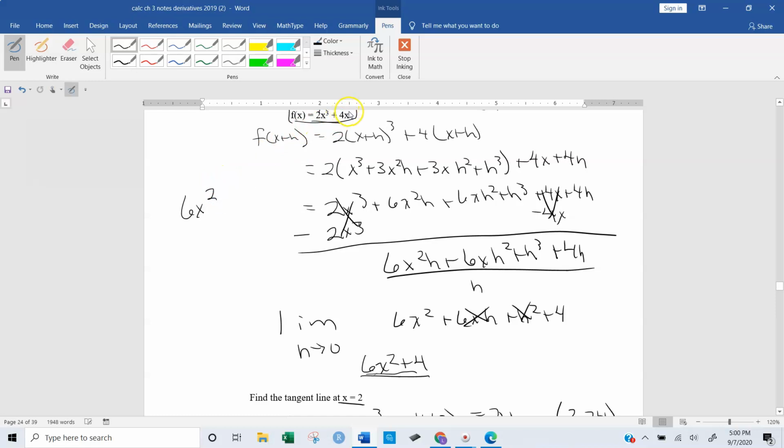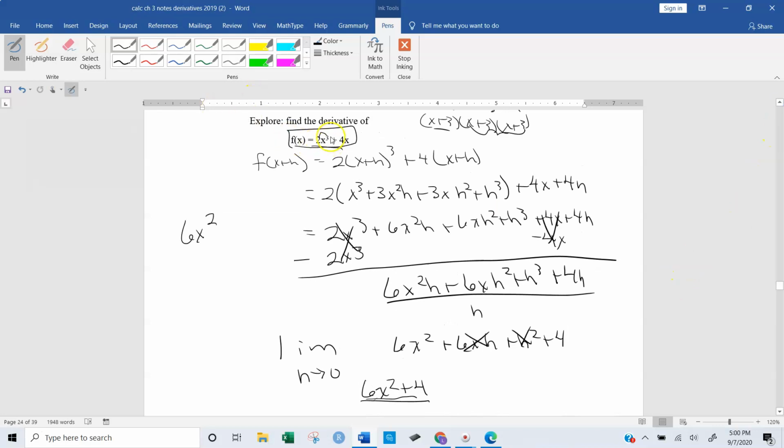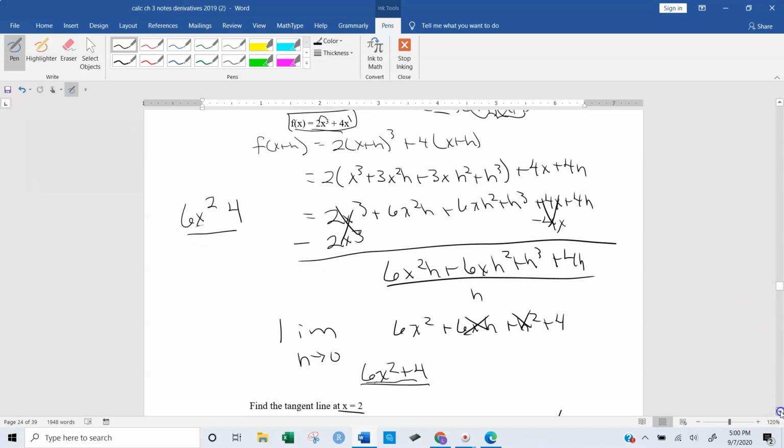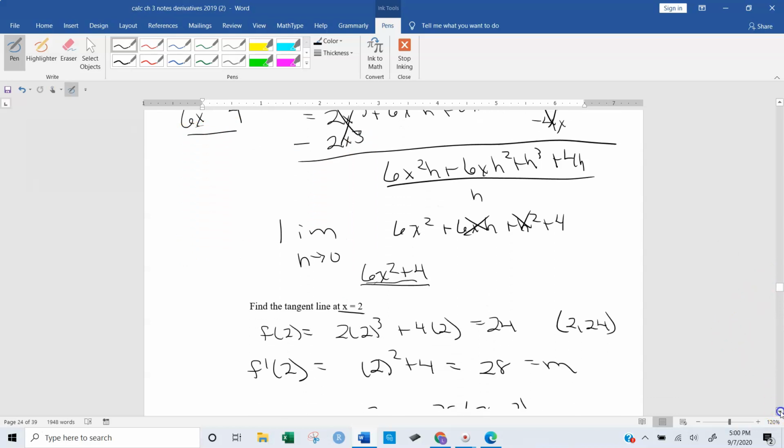So you take the 3 times the 2 and subtract 1: 6x squared. 1 times the 4, subtract 1 makes 0. 6x squared plus 4. First derivative. Now let's go down here and see if it works when it's ugly.